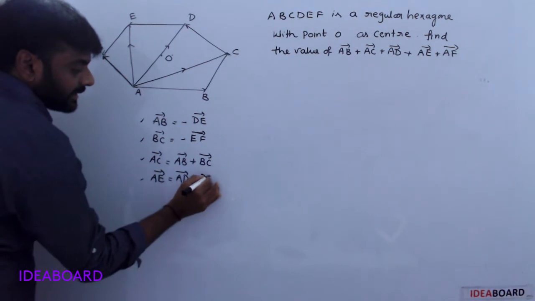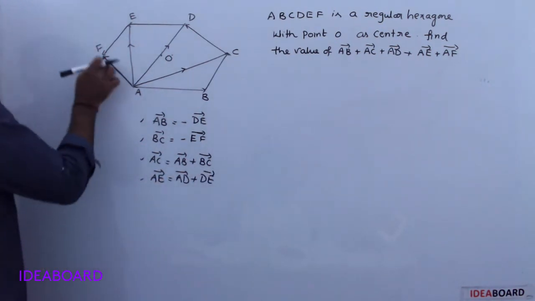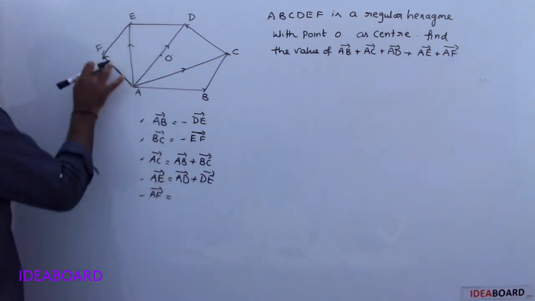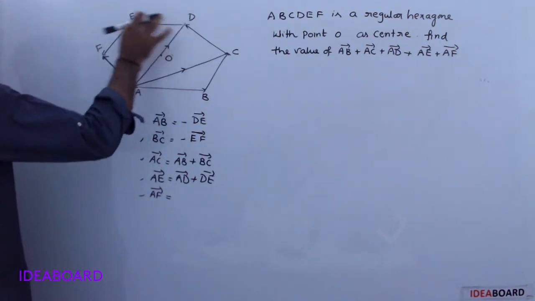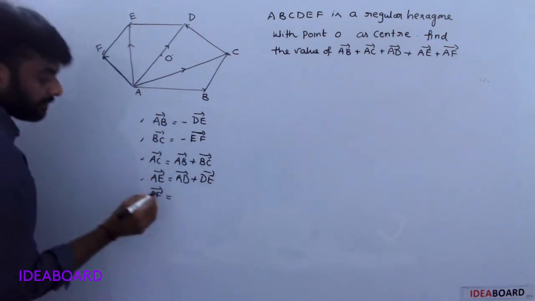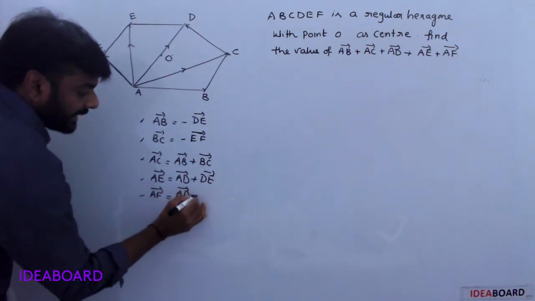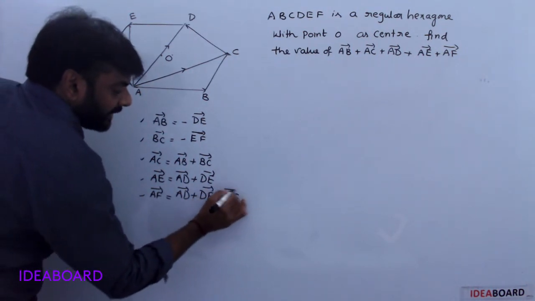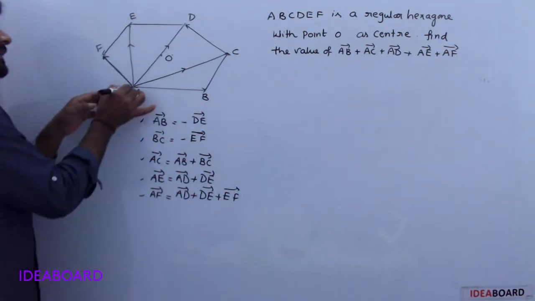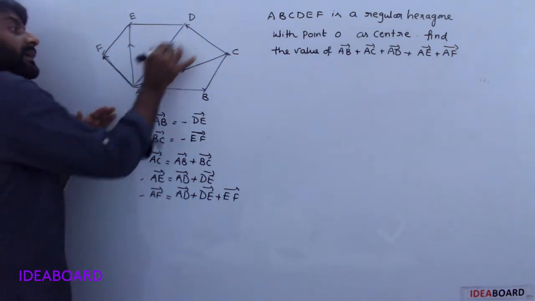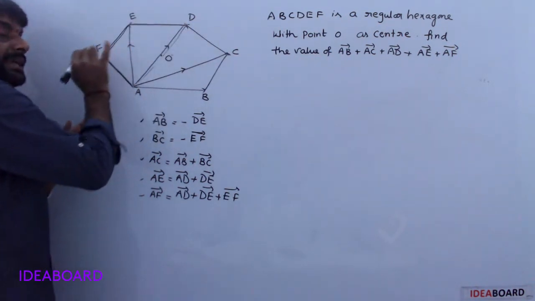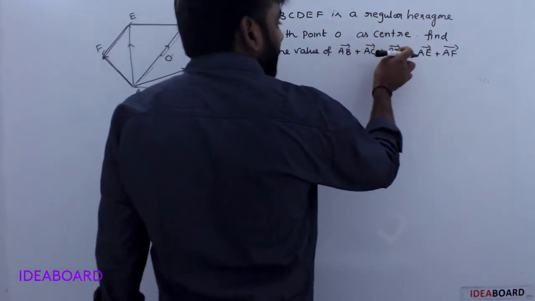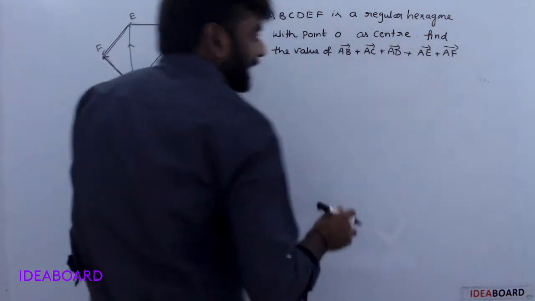Here AF bar is written as AD bar plus DE bar plus EF bar. Once again, AF bar is written as AD bar plus DE bar plus EF bar. Understood? Required one is AB bar plus AC bar plus AD bar plus AE bar plus AF bar.